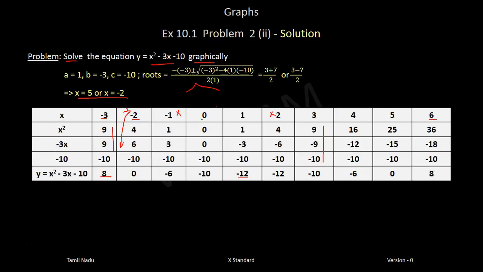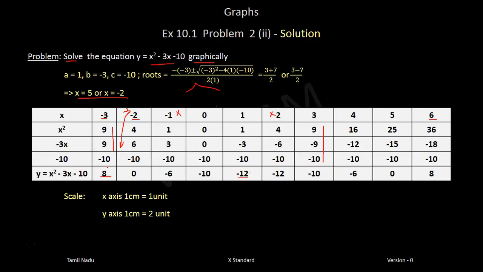Whereas for x, it varies from minus 3 to 6. So you need 6 minus of minus 3, 9 units. So you can have 1 centimeter equal to 1 unit. But for the y-axis, we'll have to keep 1 centimeter equal to 2 units. So the scale is 1 centimeter equal to 1 unit for the x-axis, and 1 centimeter equal to 2 units for the y-axis.